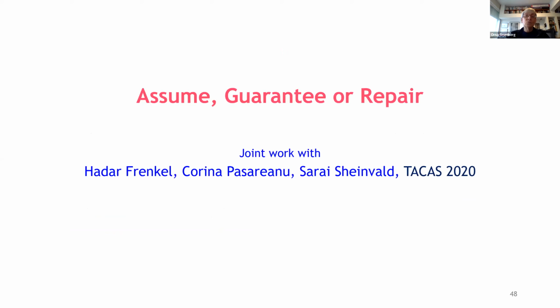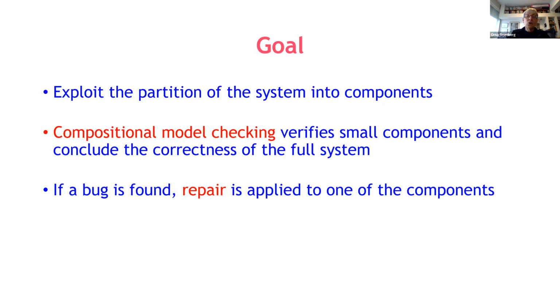So now I'd like to move to another work on repair that uses a completely different approach. The goal of this work is to exploit the partition of the system into components and to use another known and useful technique for verification called compositional model checking, that verifies small components and concludes the correctness of the full system.